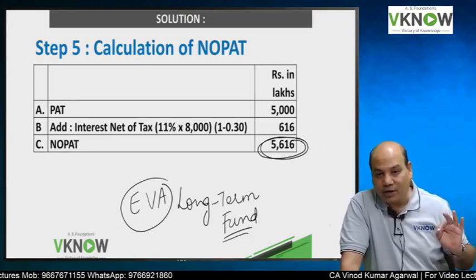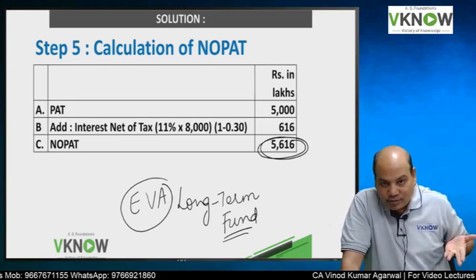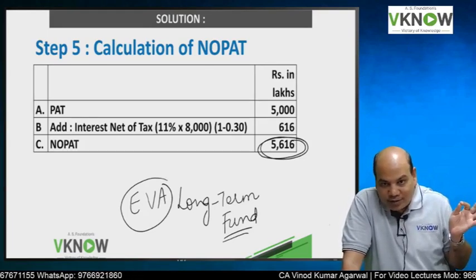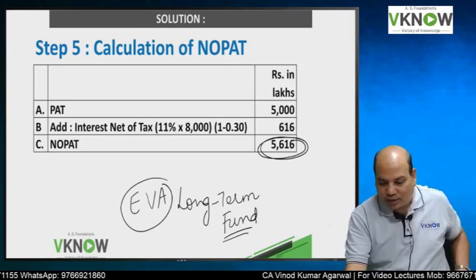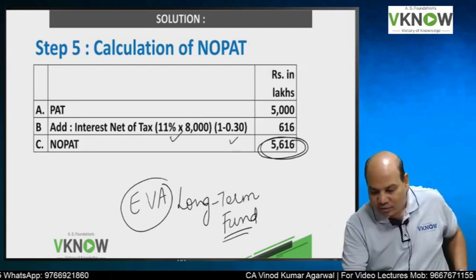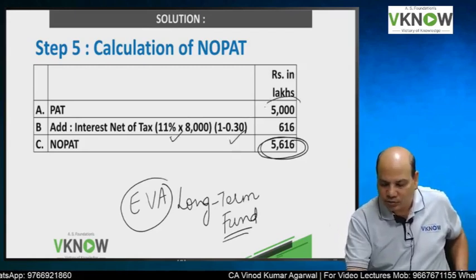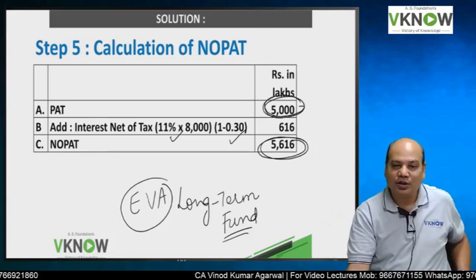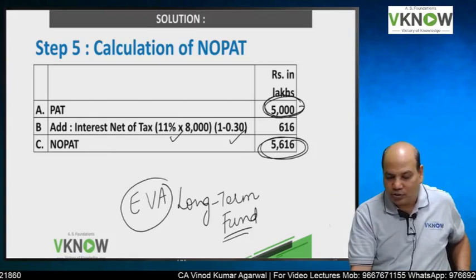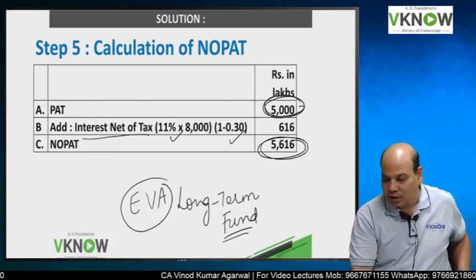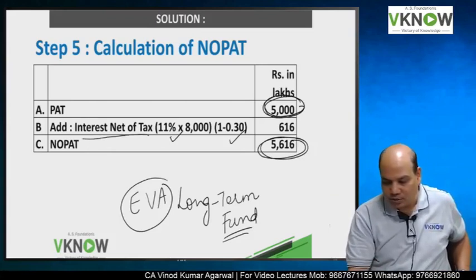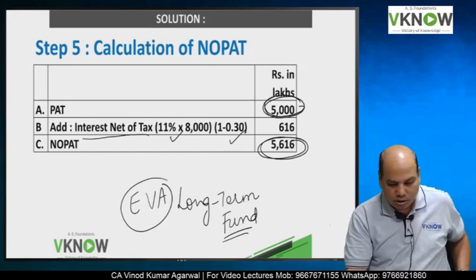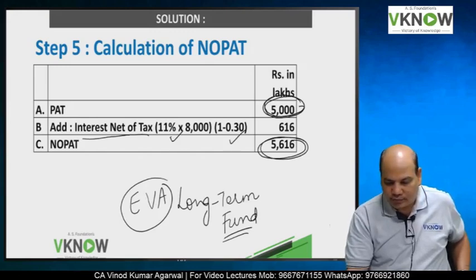But PAT is arrived at after deducting interest. And interest is a tax deductible expenditure. So I will add back interest net of tax, because while deducting interest, you also got the tax shield on interest. Write down please. PAT 5,000, interest net of tax.